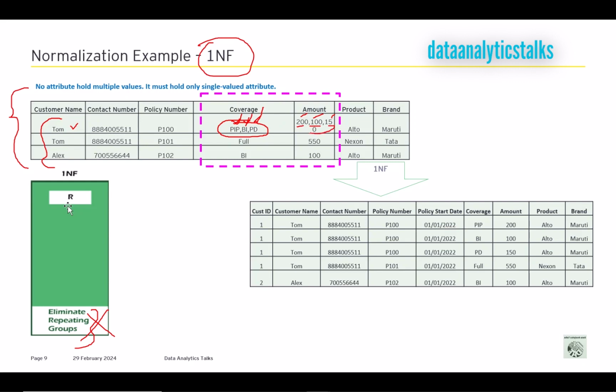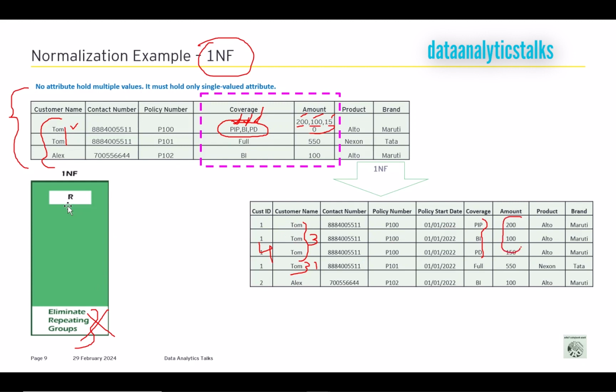Tom had 2 records in this case, but when I derive the 1NF, you can see Tom has 3 records. And Alex, of course, has only 1 record, as there are no repeating groups. So totally, 1, 2, 3, 4, 5 records. PIP, BI, PD become different rows and the values also become different rows.